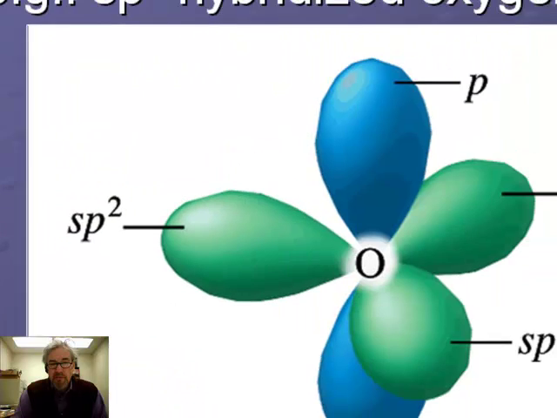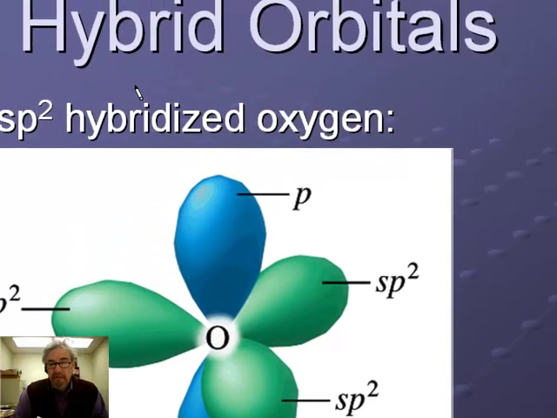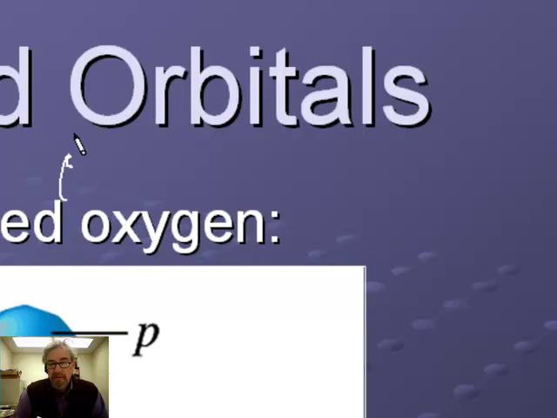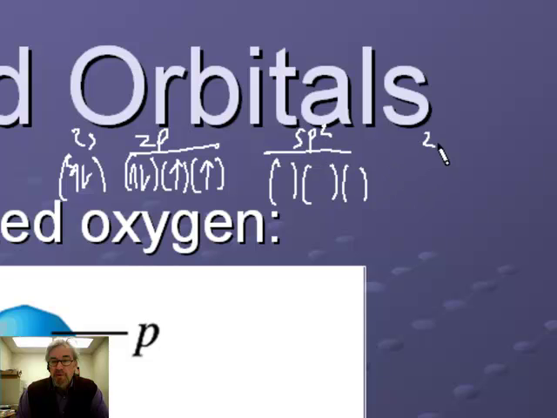This is an example of an sp2 hybridized oxygen. So what would that look like in orbital notation? Well, oxygen is 2s full and 2p part full. Like that. sp2 hybridization takes two of the p's and the s orbital and makes sp2 hybrid orbitals and leaves one unhybridized 2p.